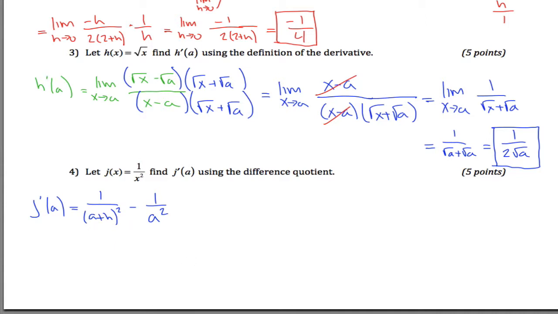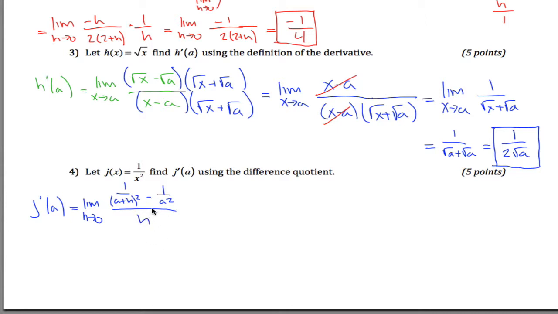And actually it's the limit, which I keep forgetting to write. If I'm going to be more precise, it's the limit as h approaches 0 of 1 over a plus h, quantity squared, minus 1 over a squared, all divided by h.